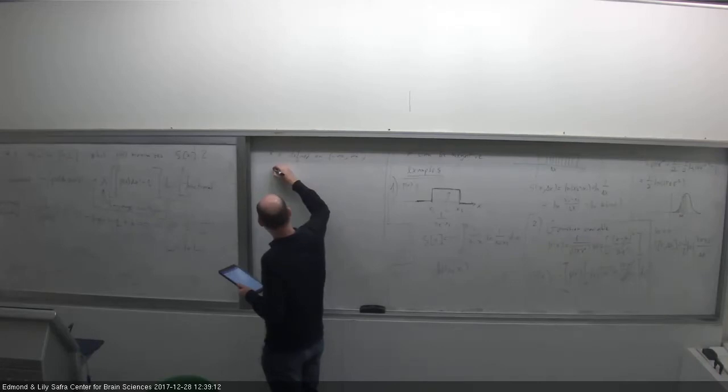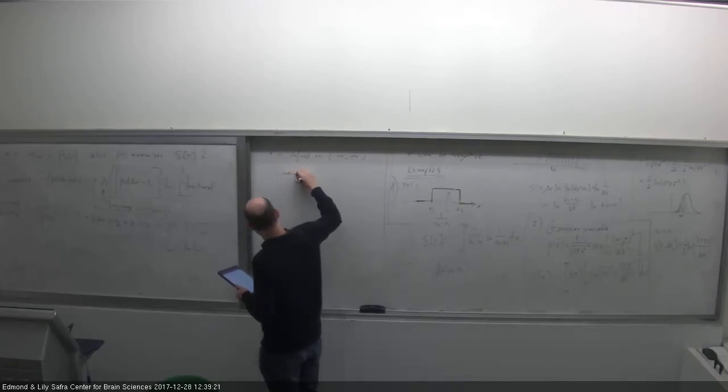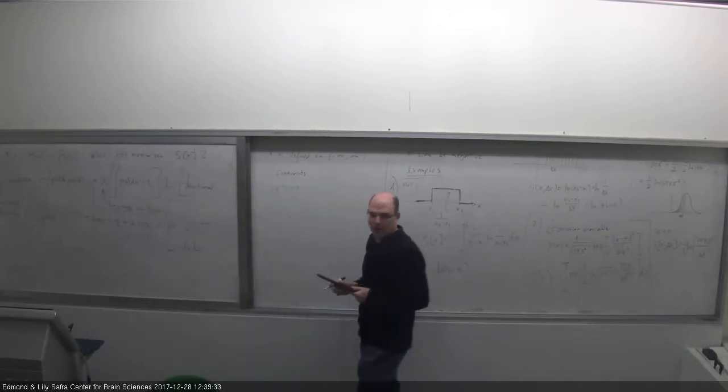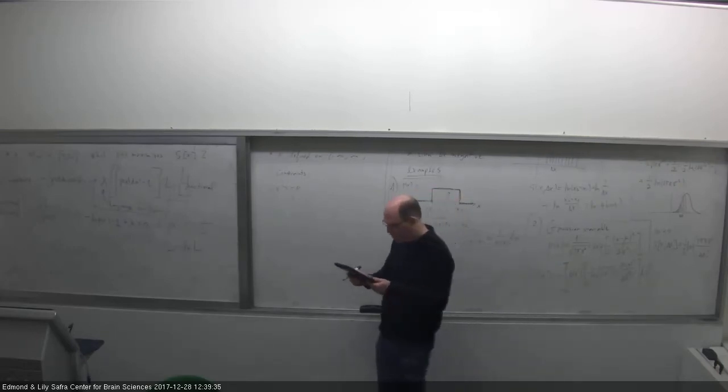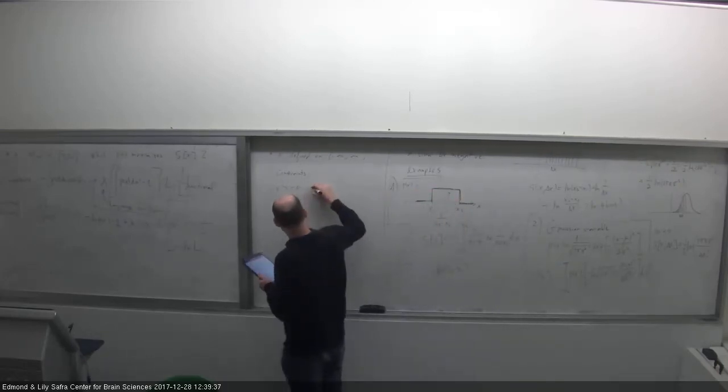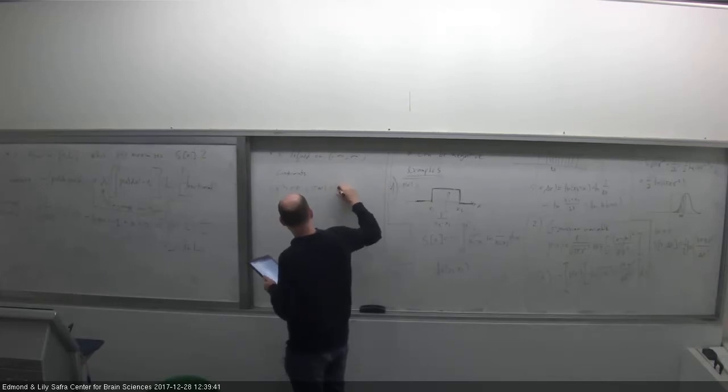And we are looking for a distribution that has two constraints. One, we want the average of x to be mu. And second, we want the variance of x to be sigma squared.